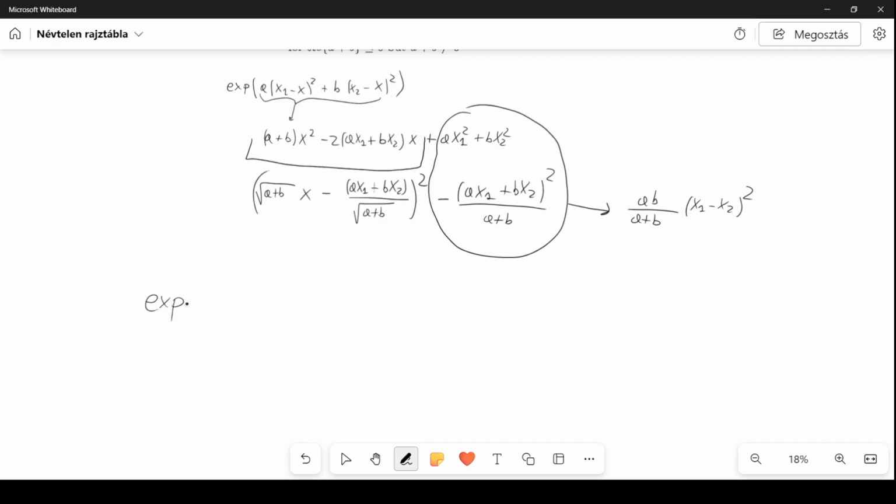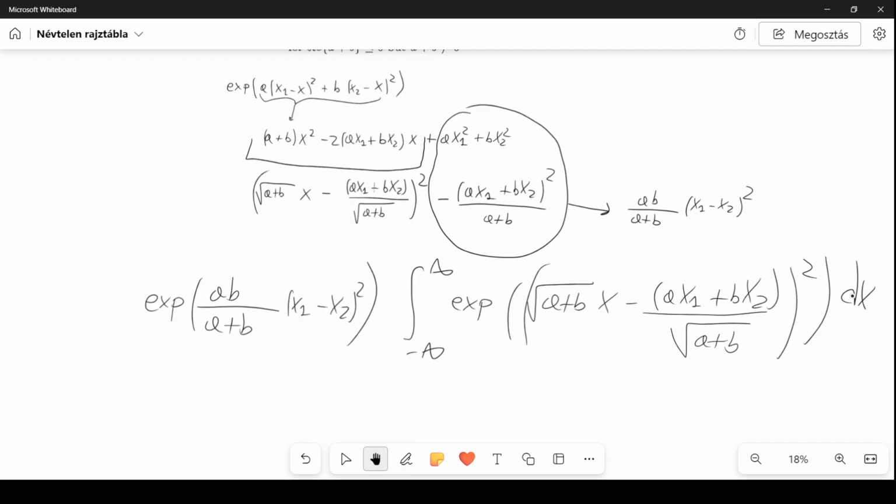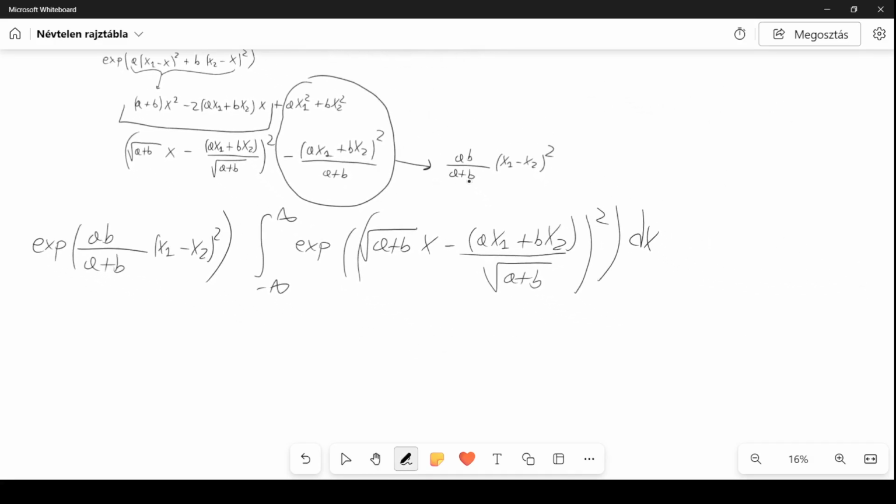So I can write it as the exponential of AB divided by A plus B times (x1 minus x2) squared, and this multiplies the integral from minus infinity to plus infinity of the exponential of A plus B times x, and then we have minus (A x1 plus B x2) divided by the square root of (A plus B) squared, dx.